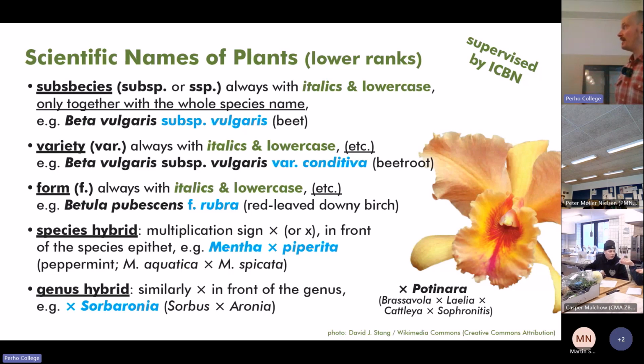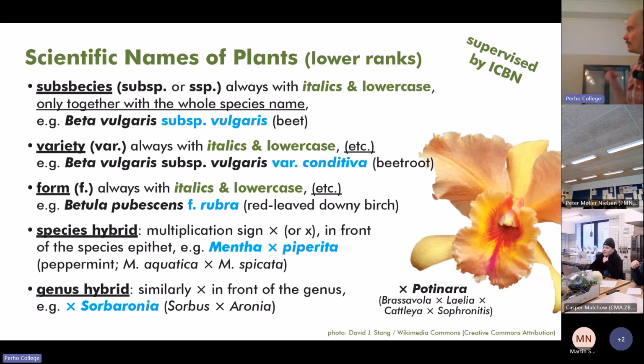But it's a different thing, or often a different thing, in plants. Well, the genus hybrid is marked in the same way as a species hybrid, and the multiplication sign is put in front of the genus name. For example, × Sorbaronia, which is a hybrid between Sorbus and Aronia.